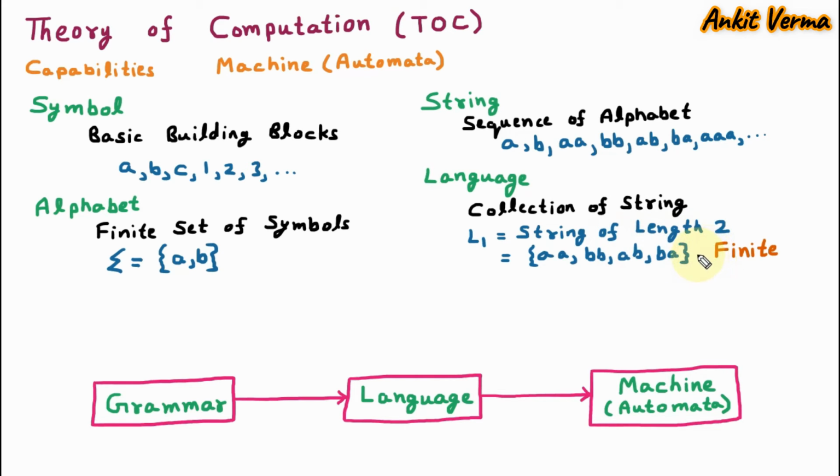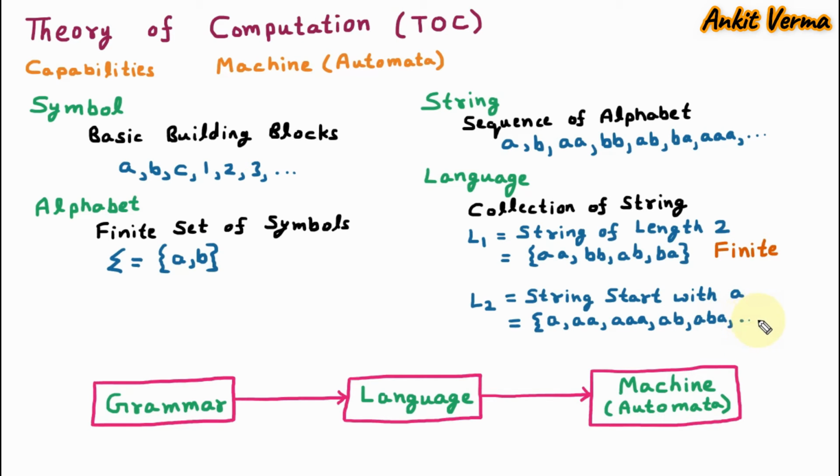Let us suppose there is another language which is L2, which is the string that starts with A. Here we can see that the string start with A. That means it can be single A, it can be 2A or the 3A, 4A, 5A, or it can be AB, A double B, A triple B, or it can be ABA, AB double A, and so on.